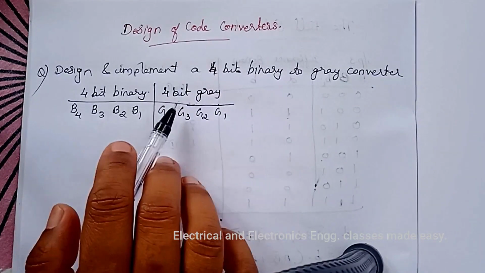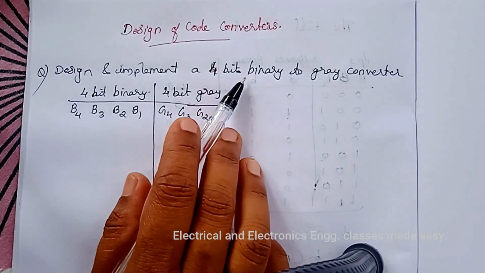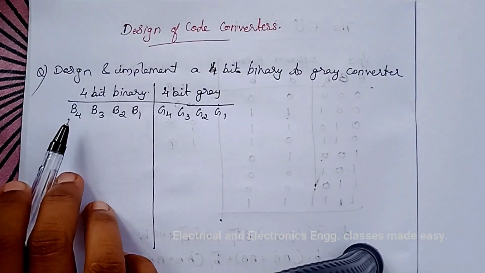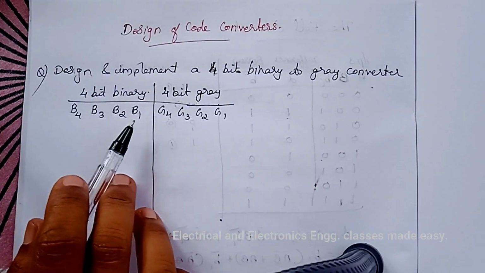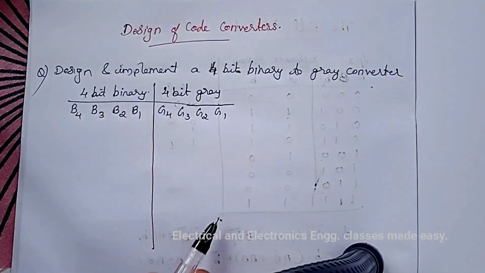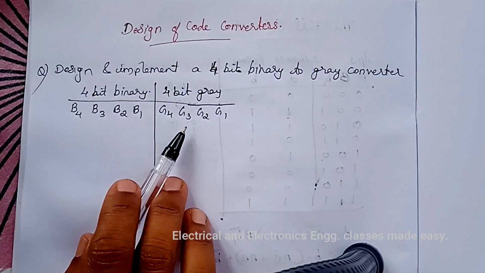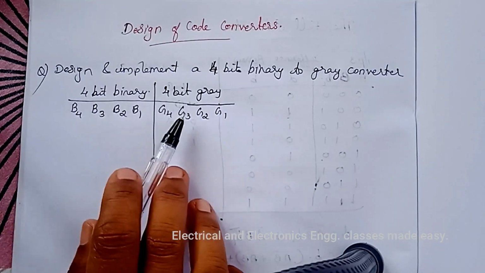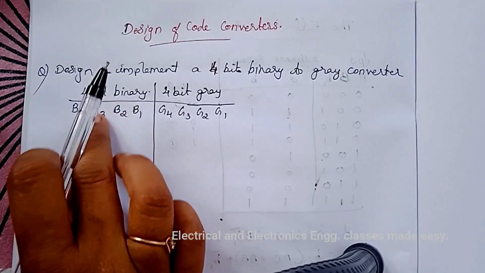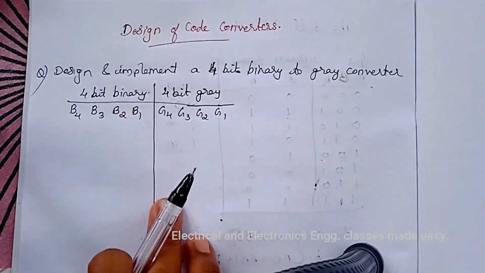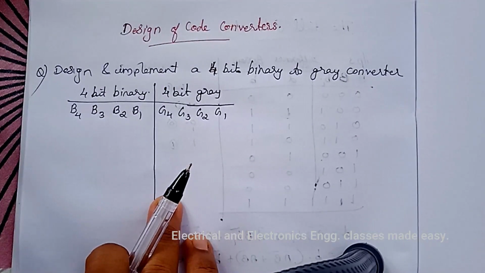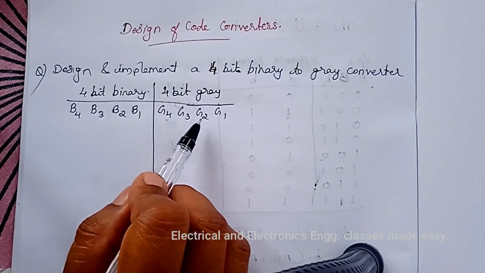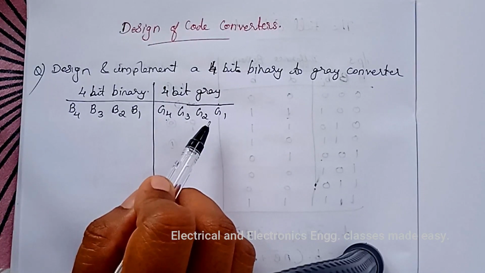Here, in this example of binary to gray conversion, we can treat the binary to gray code table as four truth tables to derive expressions for G4, G3, G2 and G1.